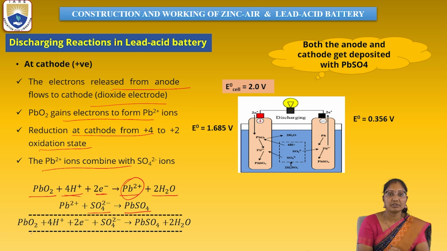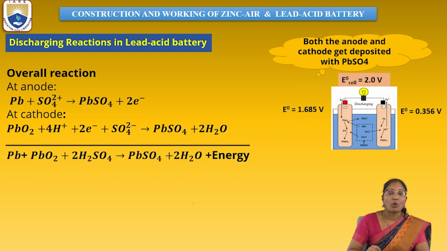The overall reaction is PbO2 plus 4H+ plus 2 electrons plus SO4 2- from the sulfuric acid giving lead sulfate and 2 water molecules. This is the overall reaction at the cathode.